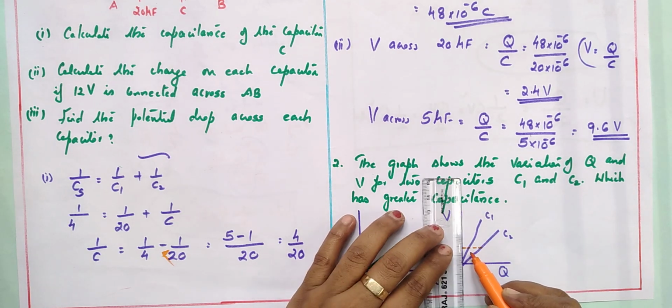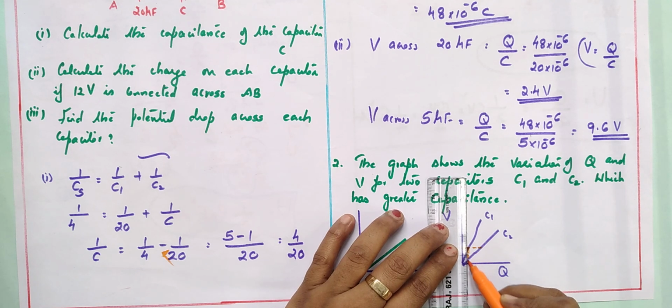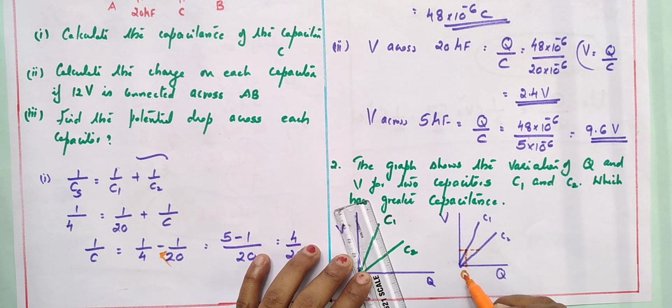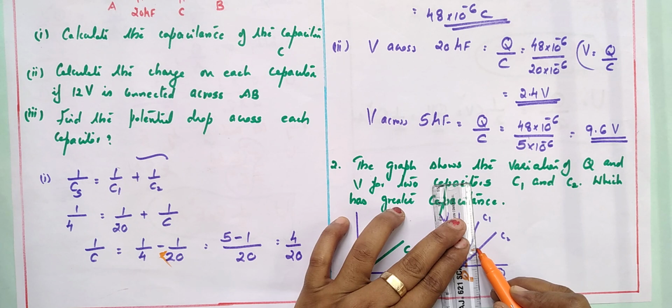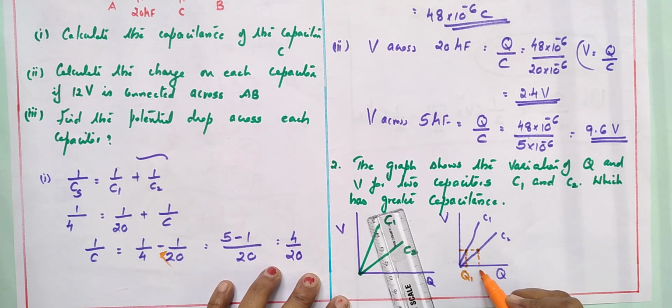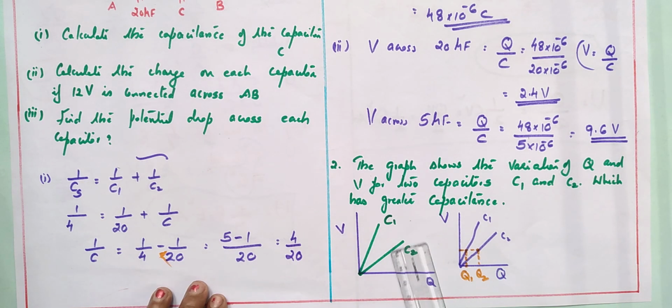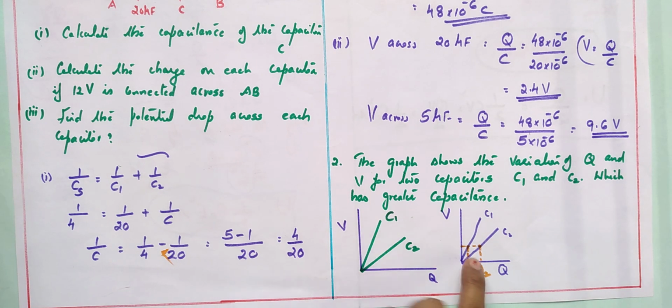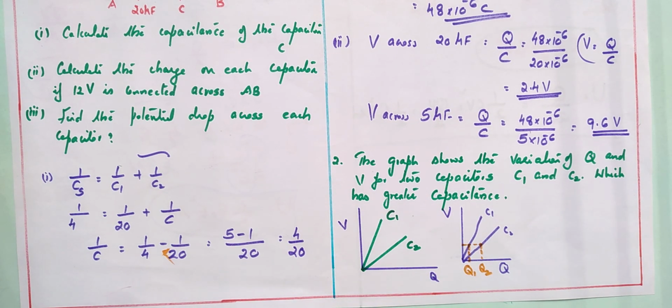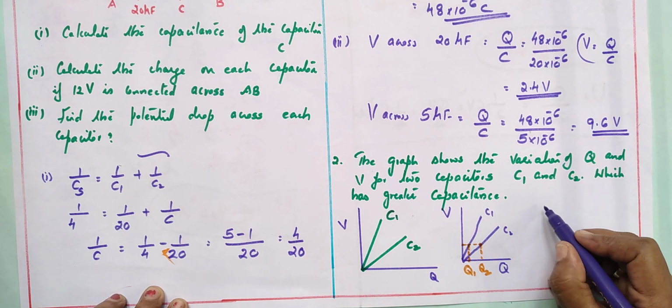Here it touches the first curve, and from that we can draw a perpendicular. This is Q1. Here it touches the second curve, and from that we draw a perpendicular. Here it is Q2. From the graph itself, we can see which charge is greater.